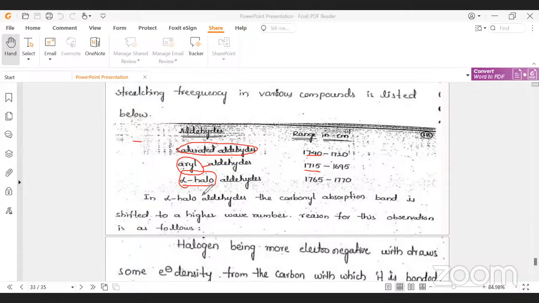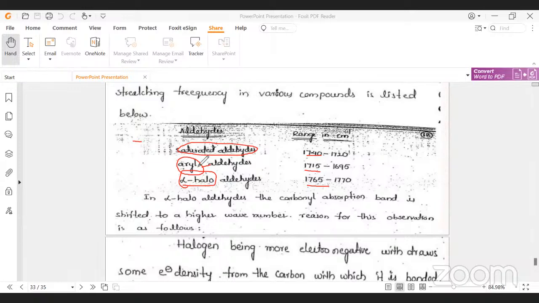When the more electronegative atom is adjacent to the carbonyl group, the force constant increases, and the wave number also increases. Halogen means electron attracting groups.